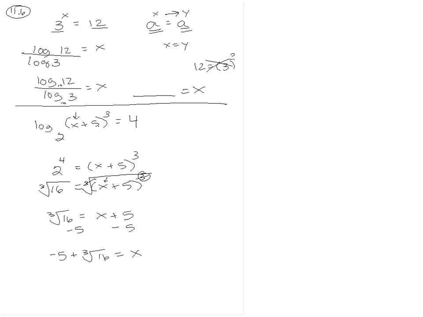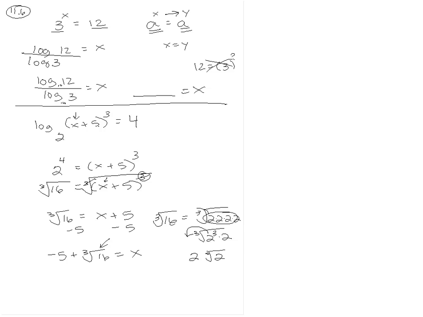I solve for x. Now, this is a really good answer. The only problem is that it can be reduced. The cube root of 16 is the same as the cube root of 2 times 2 times 2 times 2, which means I could rewrite it as 2 cubed times 2. There's a set of 3 of them, so that comes out, and you have 1 left over.